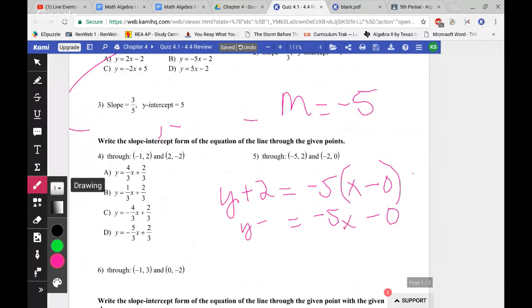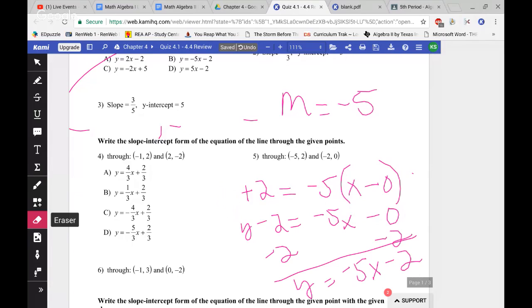But when you distribute the negative, oh, I know what I did. -5 times 0. I multiplied -5 times 0 and put -5. That's how I got 3. Okay. And so now I've got y equals -5x minus 2. It's fun to do it both ways, though, just to prove that it doesn't matter with either point, you know? Yeah.